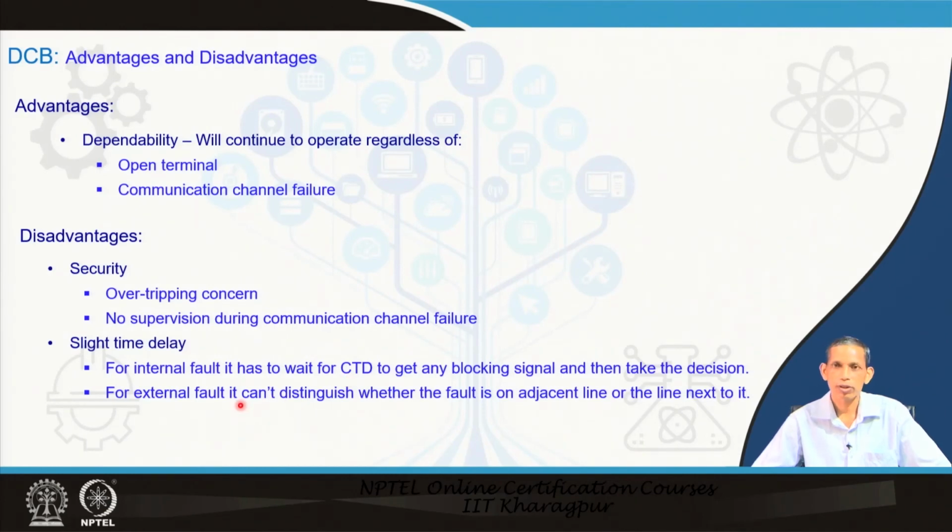For an external fault, the block signal will come, but it does not distinguish whether the fault is in the adjacent line or the line next to it, in which case the corresponding zone 2 or zone 3 operation should not happen.